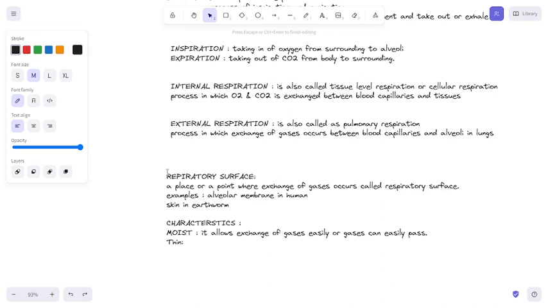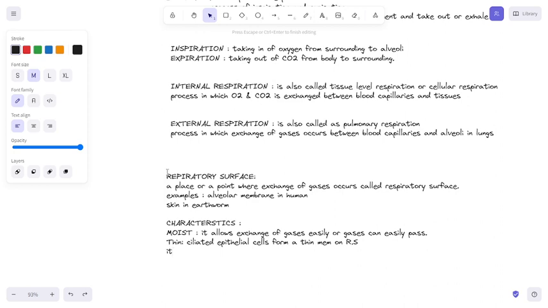If we talk about the alveoli, they are made up of ciliated epithelial cells, which are thin, and they form a thin membrane on the respiratory surface.